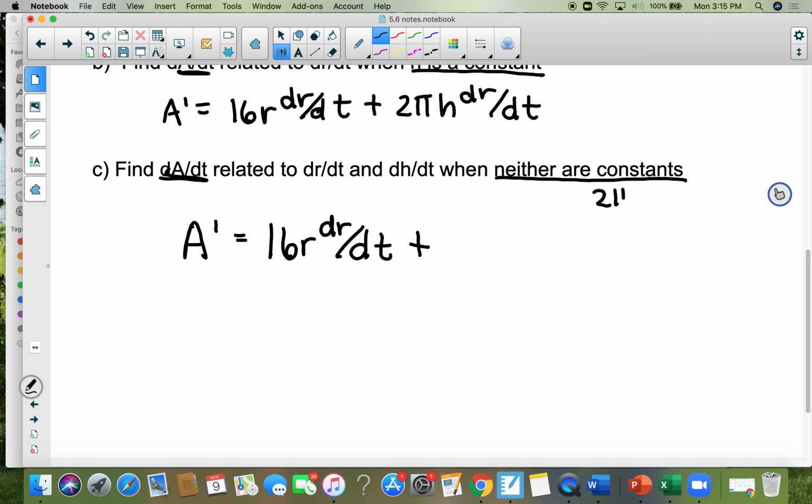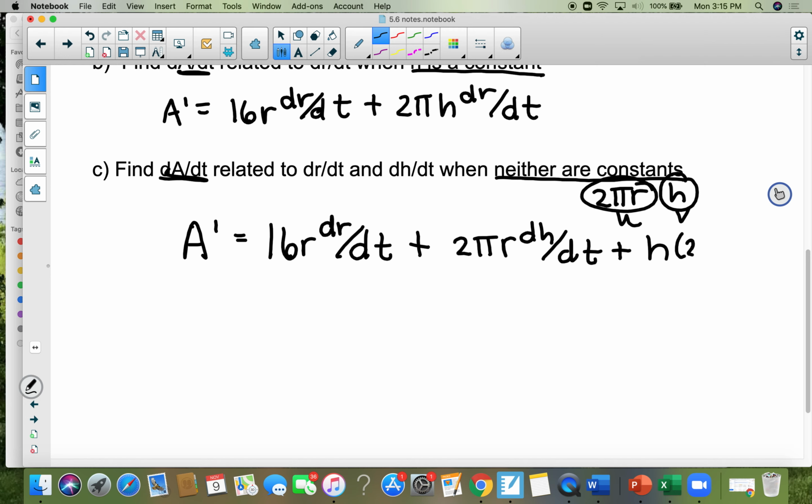So 2 pi r is the u and the v is the h. So you're going to put 2 pi r is the u, derivative of h is dh dt, plus h times the derivative of u, which is 2 pi dr dt. So I gave you one scenario of each of them.